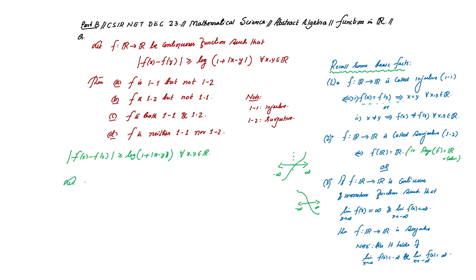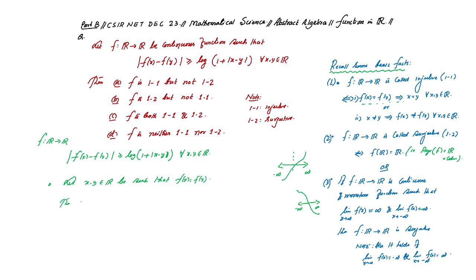Let x, y belong to R, where f is from R to R. So for injectiveness, be such that f(x) equals f(y).